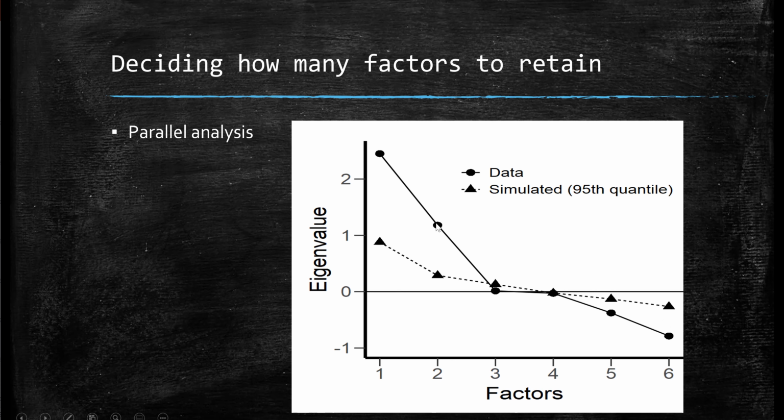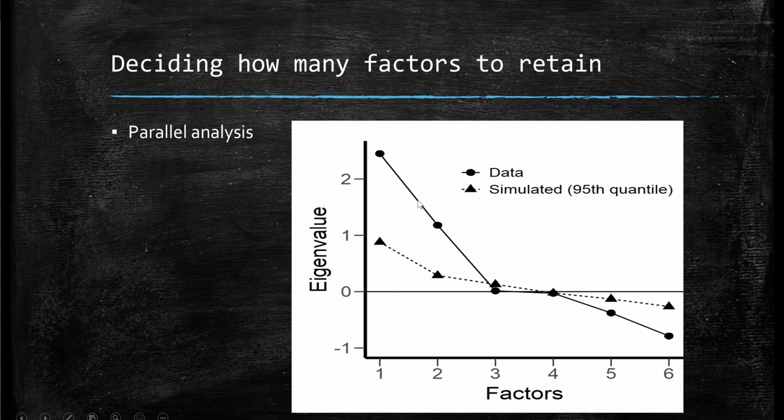We would want to retain the factors that are above the 95th percentile for our randomly generated data. So in this data set, we're likely going to want to retain 2 factors.